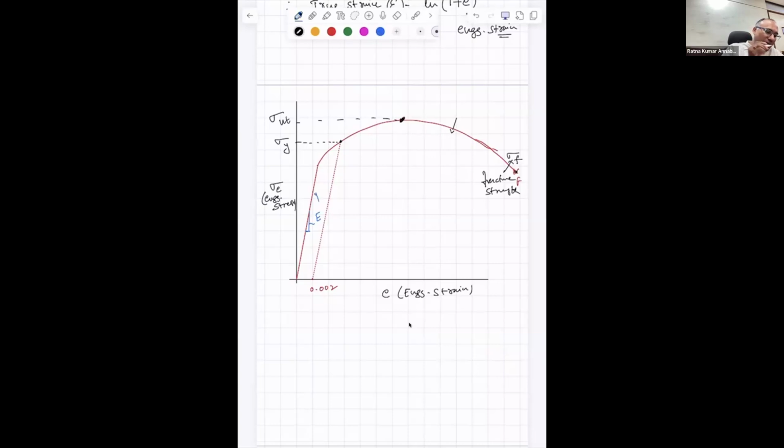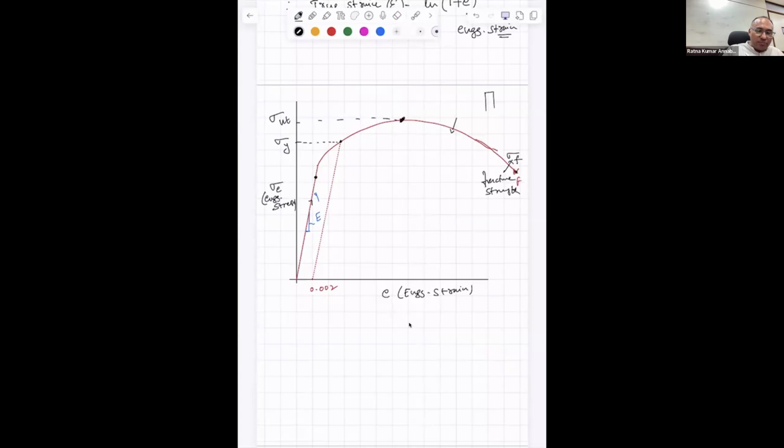I will tell you what I mean by that. Now you have measured yield strength. So let us imagine a scenario where I have loaded the specimen up to here. That means I am deforming the material, and it has gone up to here. And then I am unloading the specimen.